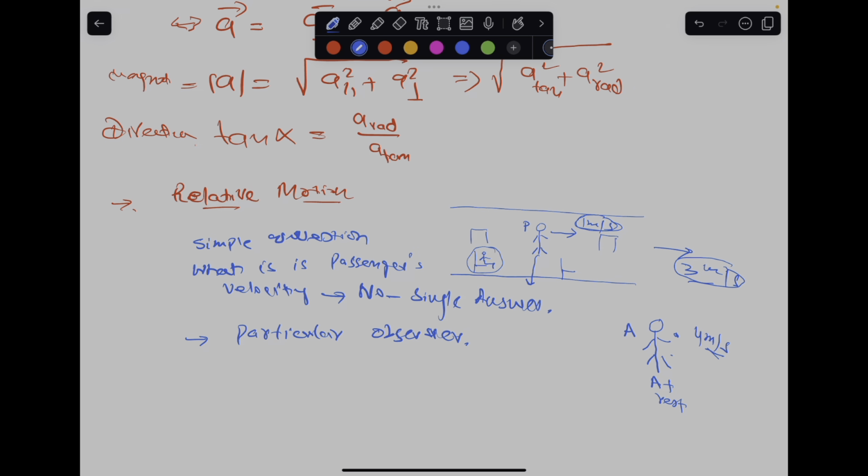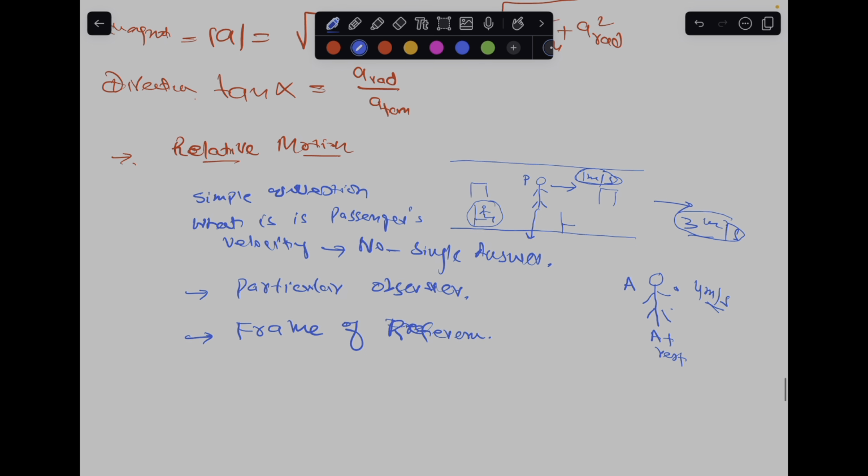So each observer, equipped in principle with a meter stick and stopwatch, forms what we call the frame of reference. Thus, a frame of reference is a coordinate system plus the time scale.